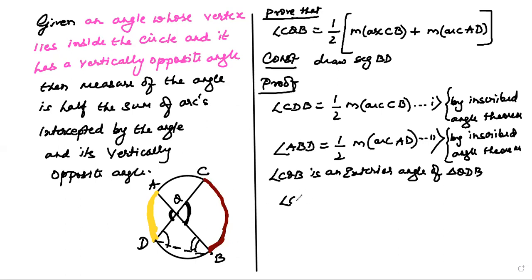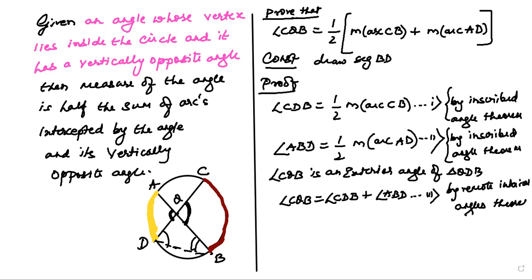So angle CQB equals angle QDB, and QDB can be written as CDB, plus angle QBD. QBD can be written as ABD. And the reason is, step number 3, by the remote interior angle theorem.